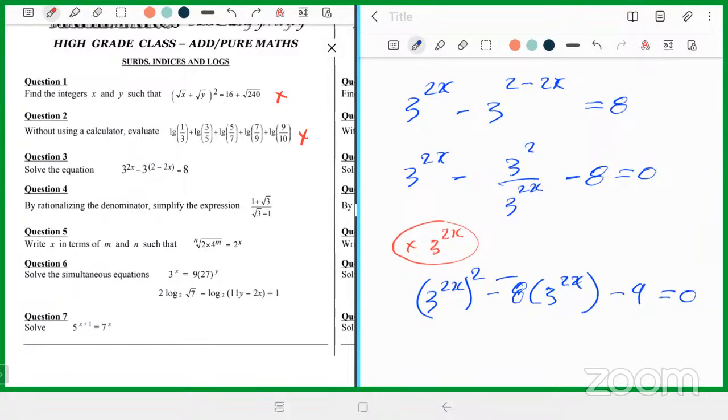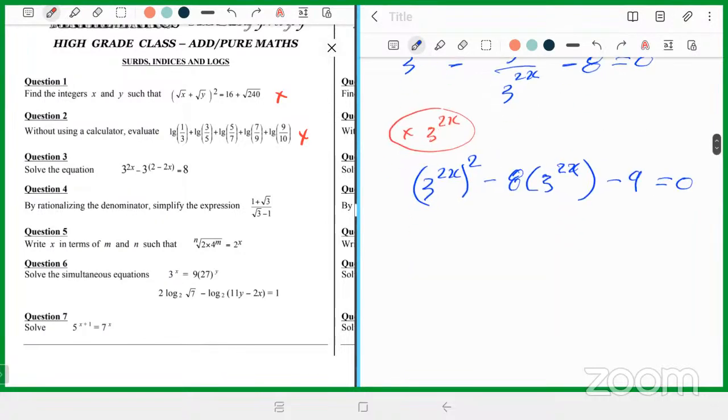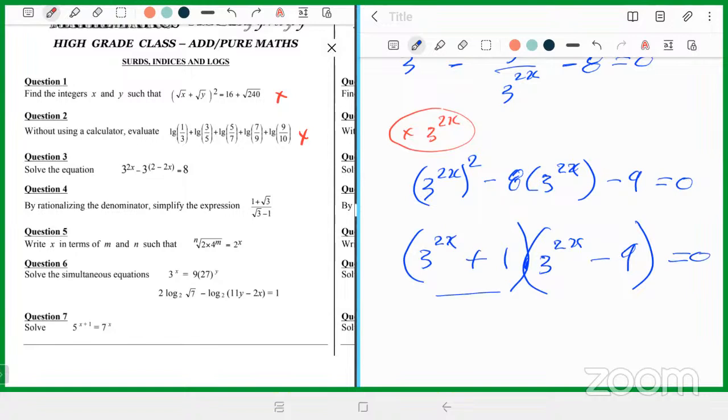Factors of 9 with the difference 8 are 1 and 9. So this factorizes into 3 to the 2x, 3 to the 2x, 1 and 9. Signs are different, so minus here and plus here equals 0. This is saying 3 to the 2x equals -1 or 3 to the 2x equals 9.